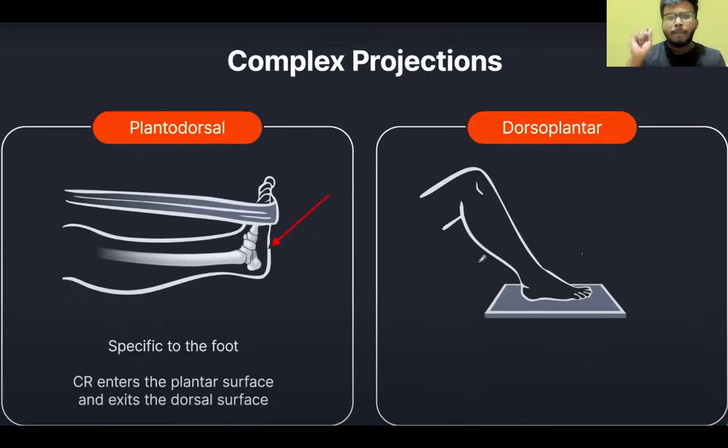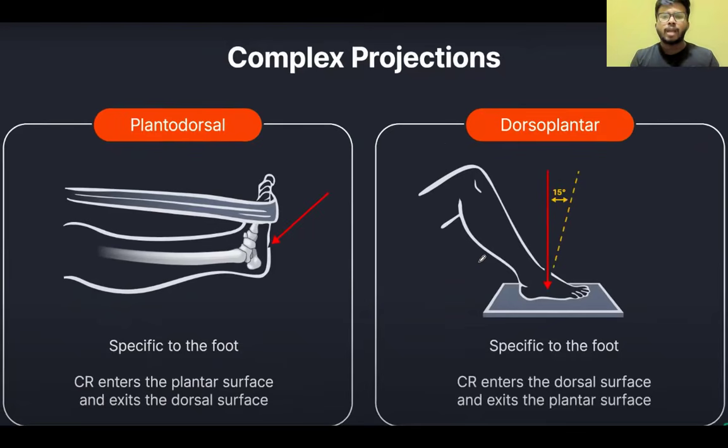Next, plantar-dorsal and dorsoplantar. Plantar means the sole of the foot, the under part of the foot, called the plantar surface. Dorsal means the superior part of the foot. So plantar-dorsal means the central ray enters on the sole of the foot and exits through the dorsal surface.